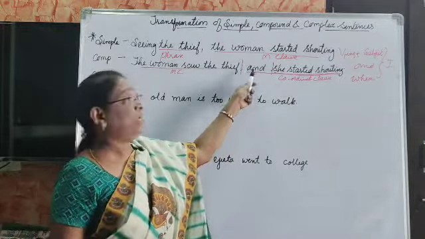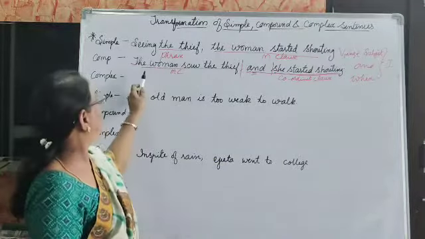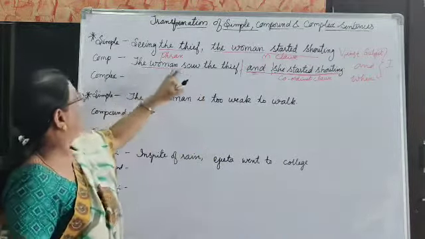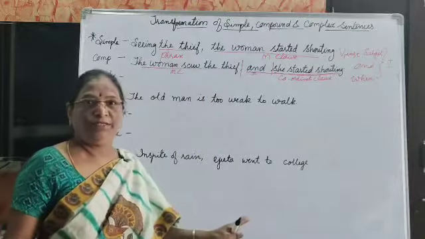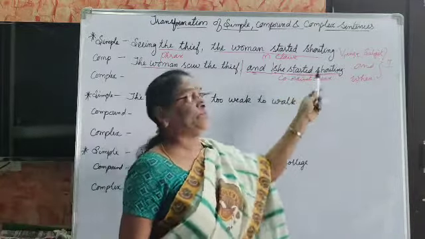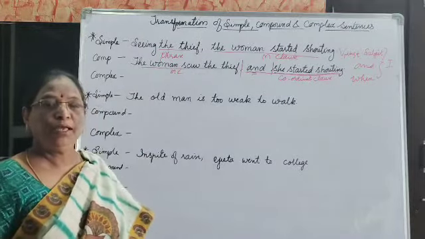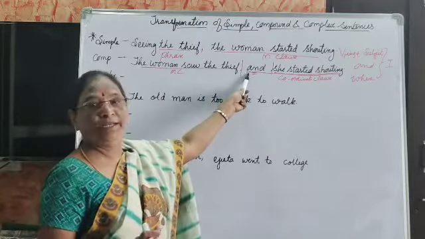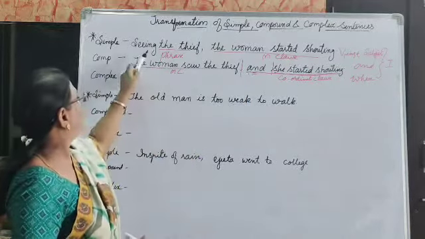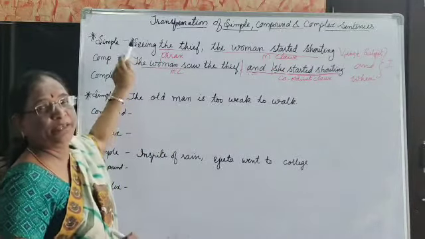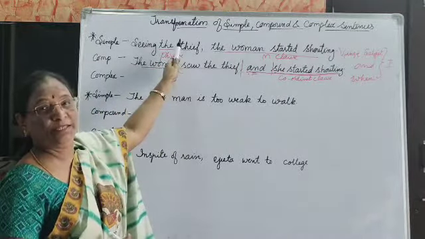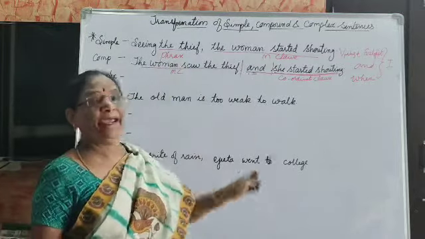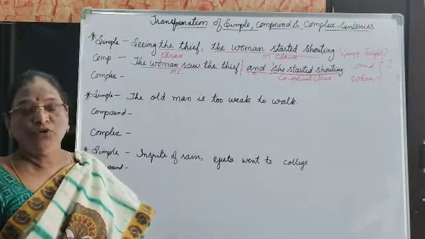Because this sentence starts with a coordinate conjunction. A compound sentence has one main clause and one or more coordinate clauses. The woman saw the thief is an independent clause, and she started shouting is also independent, but these 2 independent clauses are joined with the help of a coordinate conjunction. So when we see verb ing plus subject in a simple sentence, we must use 'and' to change it into a compound sentence.